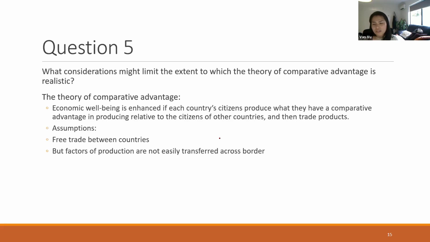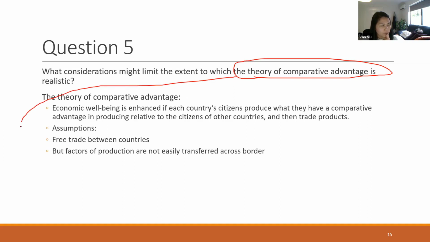And normally through trades, you can exchange goods and services with other countries, right? Now, for the theory of comparative advantage to work, there are certain assumptions under the theory. The two key assumptions of this theory is firstly free trade between countries.